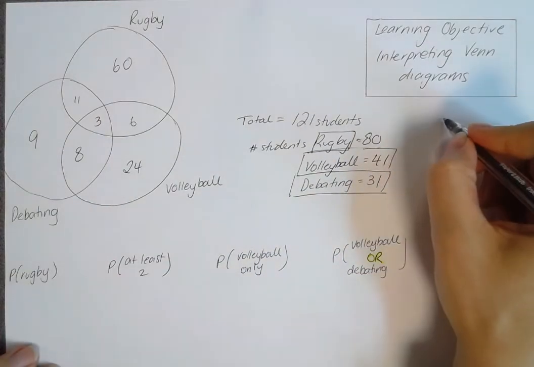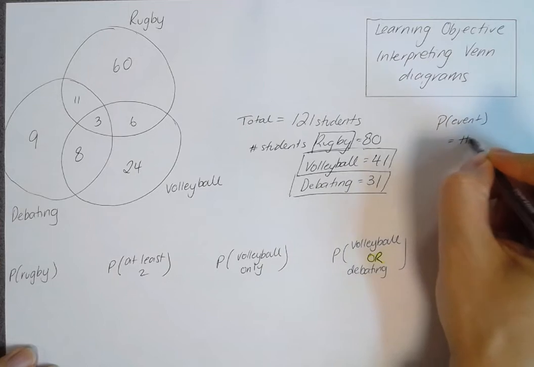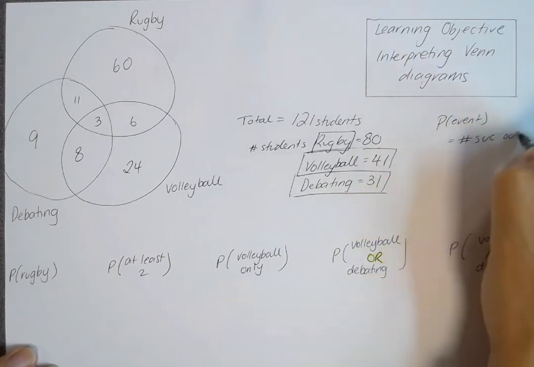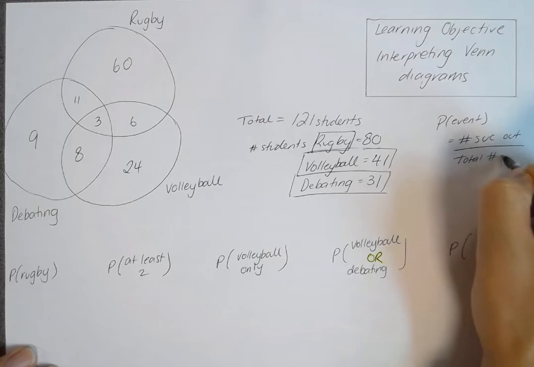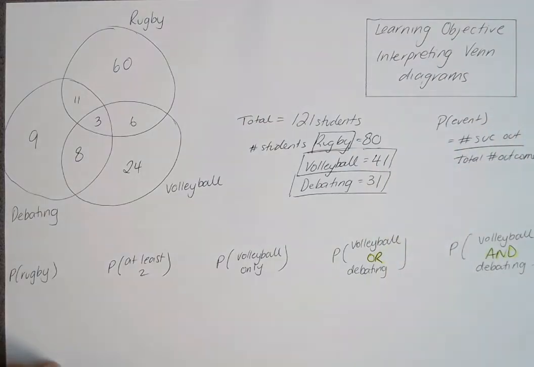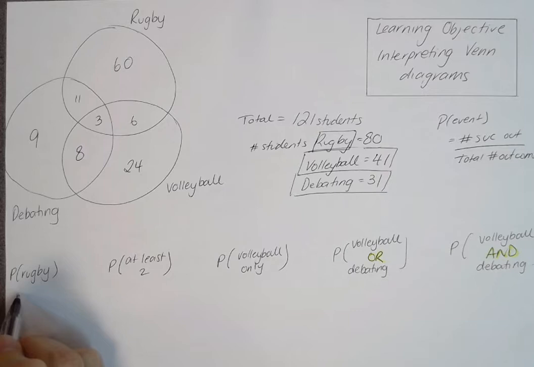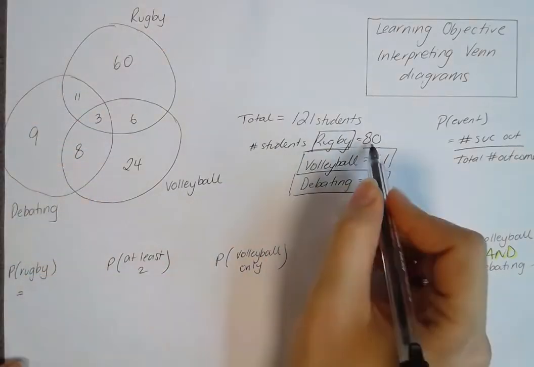Reminding that our probability of an event formula is equal to the number of successful outcomes divided by the total number of outcomes. Alright, let's have a look. The number of kids who did rugby in total. Okay, the number of kids who did rugby, remember, was all this circle, which we totaled to be 80.